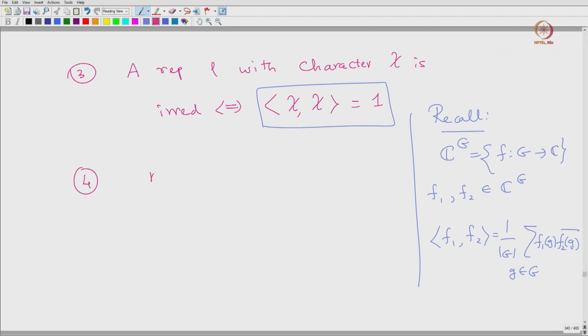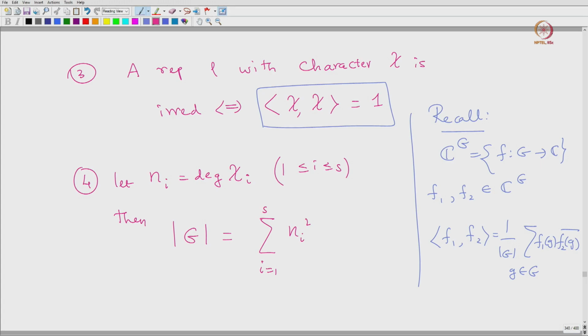If we denote n_i by the degree of chi_i for i from 1 to s, then we proved that the cardinality of G is exactly given by the summation of n_i squared, i ranging from 1 to s. This is indeed a consequence of the results that we proved.